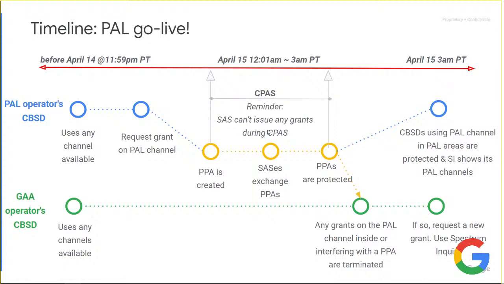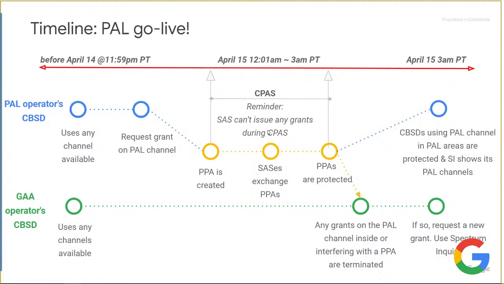Sean asks, how will we request new grants on the PAL channels without causing customer downtime? I think a new grant on awarded PAL channels, we will have to deregister the existing grant. Great question. Yes, when a grant is terminated, it can cause customer downtime.